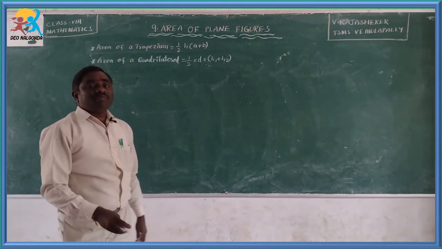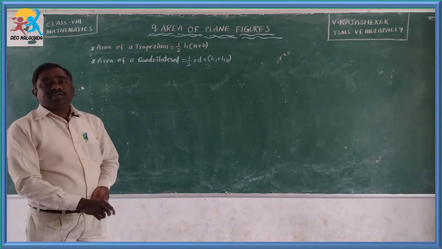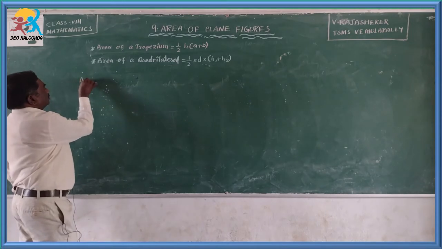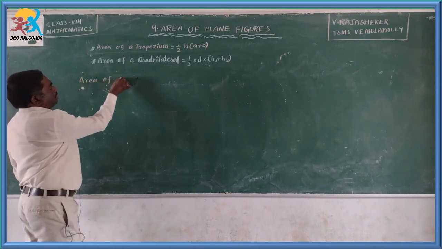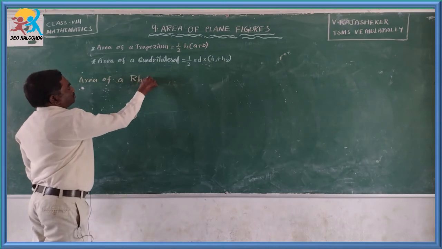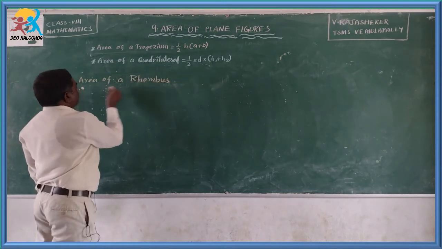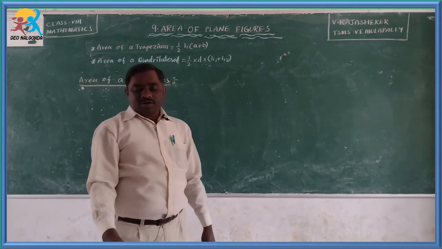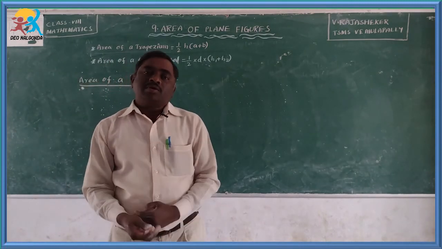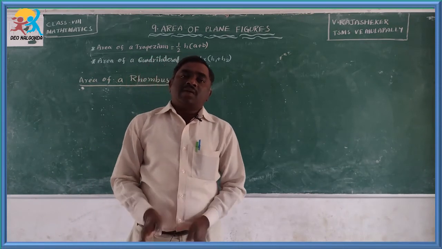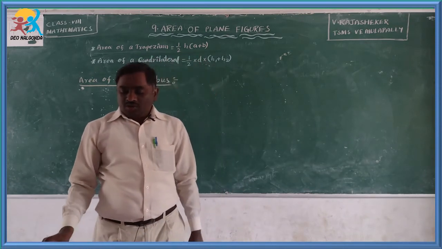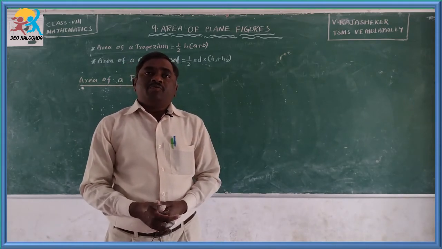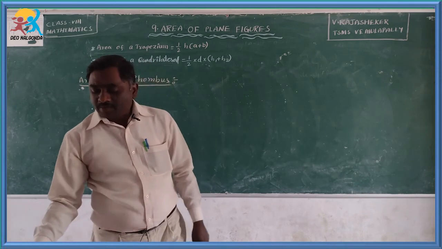Now, let us find the formula for area of a rhombus. What is a rhombus? Rhombus is a quadrilateral with 4 sides equal and opposite sides are parallel.